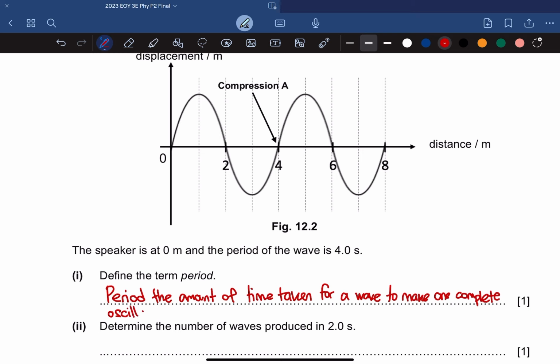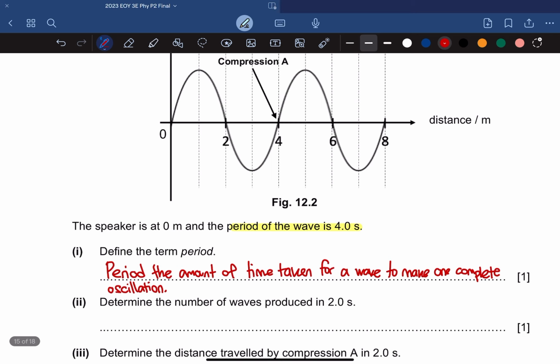From the question here, we can see that the period of the wave is 4 seconds, meaning that this wave takes 4 seconds to make one complete oscillation or to produce one complete wave. So if I have 2 seconds, the additional wave produced will be simply 0.5 of a wave in 2 seconds.